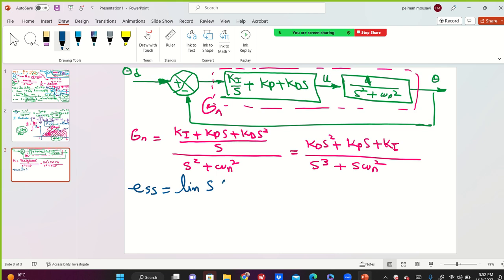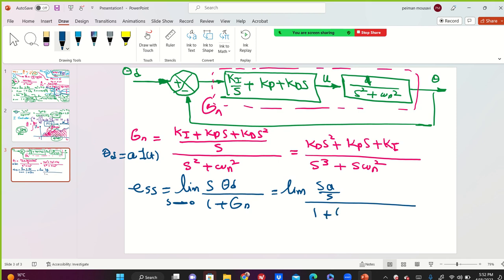Limit of s theta d over 1 plus G. Say you want to keep theta d at an angle unit step, so you're going to have 1 over s, over 1 plus Kd s square plus Kp s plus Ki divided by s omega n square plus s cubed.